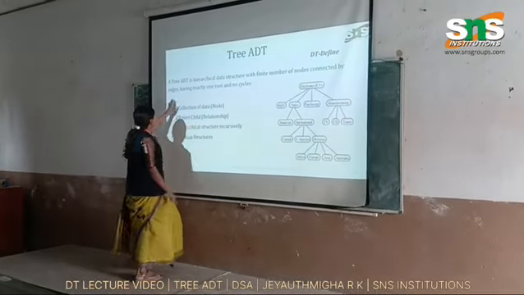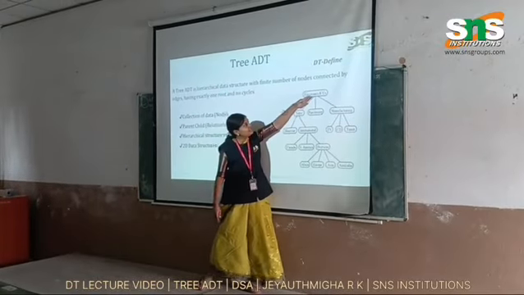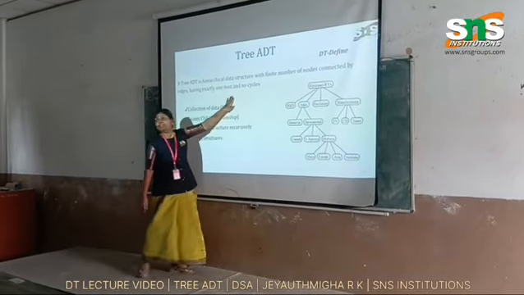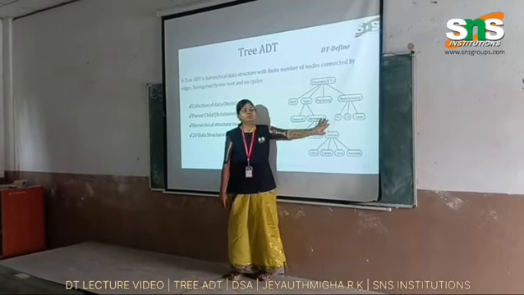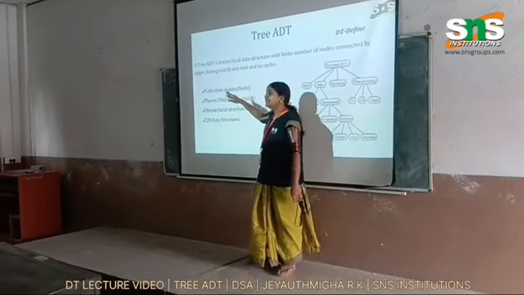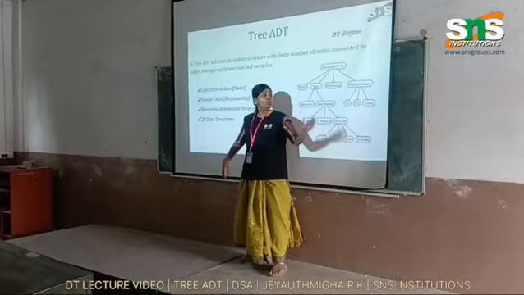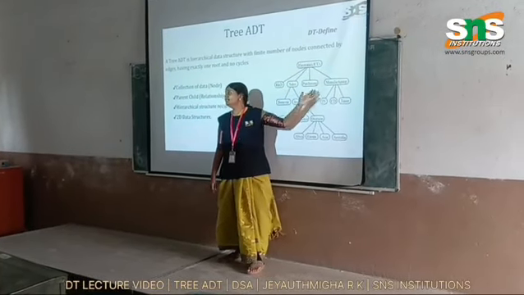It is connected by edges. That is important. It is connected by edges, with no cycles. No loops are found. And we have a collection of data, that is the node. The node represents data.